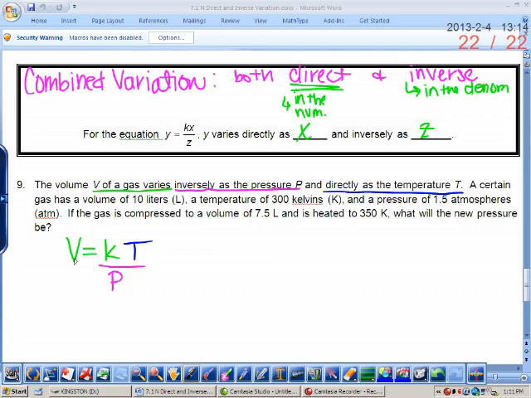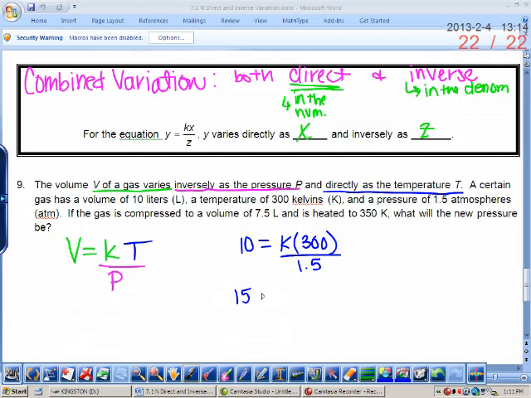A certain gas has a volume of 10 liters, a temperature of 300 Kelvin, and a pressure of 1.5 atmospheres. So let's solve for K. What would we do? Multiply by 1.5. 10 times 1.5 is 15.